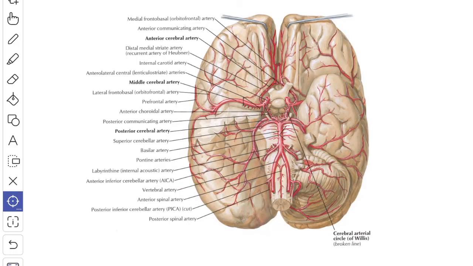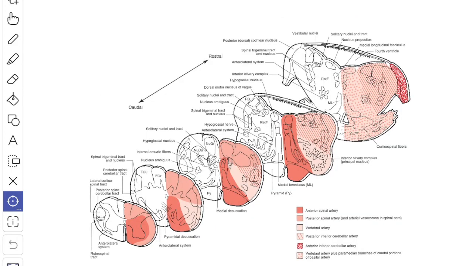Next we'll see the blood supply. The medulla is supplied by the two vertebral arteries, the anterior and the posterior spinal arteries, then the anterior and the posterior inferior cerebellar artery and the basilar artery. This is another picture to show the area of supply of different arteries.